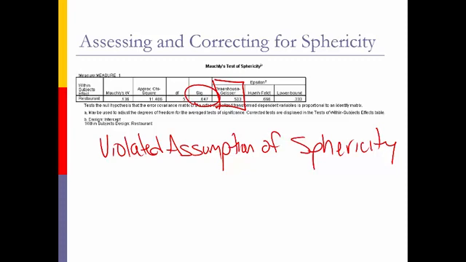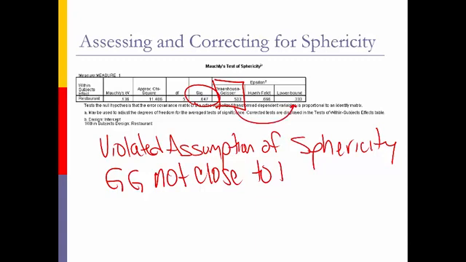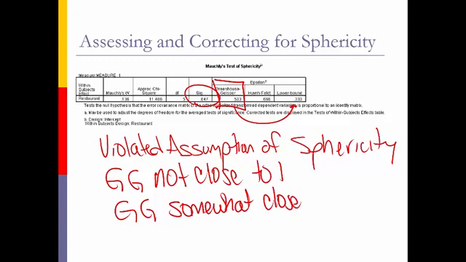So then we can say the Greenhouse-Geisser is not close to 1. But we also would like it to be close to the lower bound. All right, so because it's not close to 1, the data is probably not really spherical.